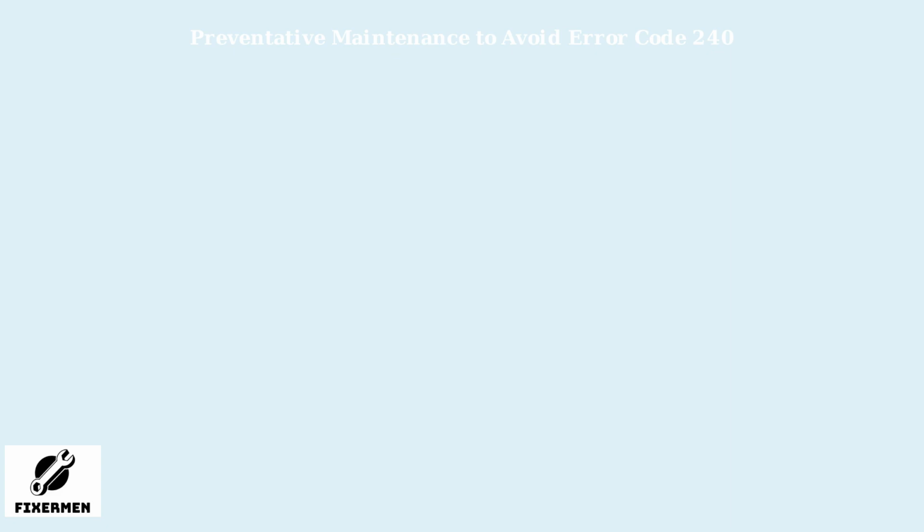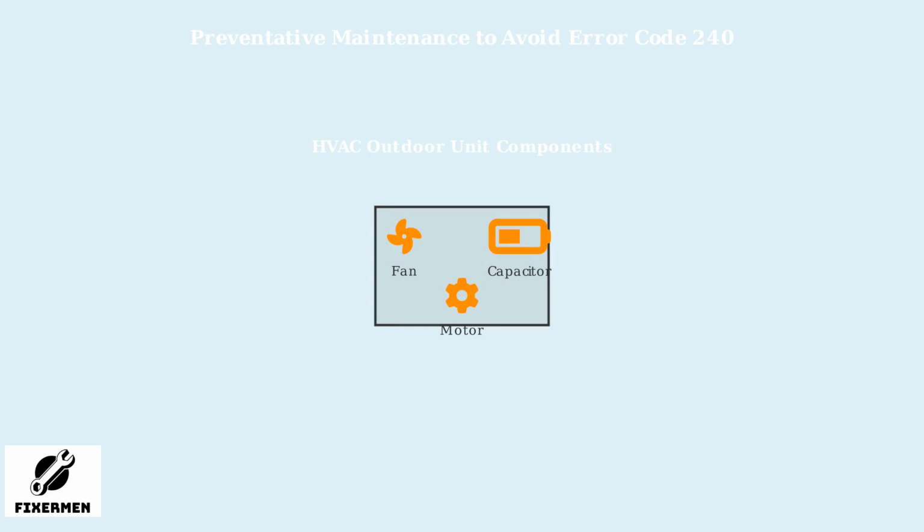Always use certified technicians for installations. Use recycled capacitors for an eco-friendly fix when replacements are needed. This sustainable approach reduces environmental impact while maintaining system reliability. Implementing these preventative measures helps maintain your HVAC system's outdoor fan and prevents error code 240 from disrupting your comfort.